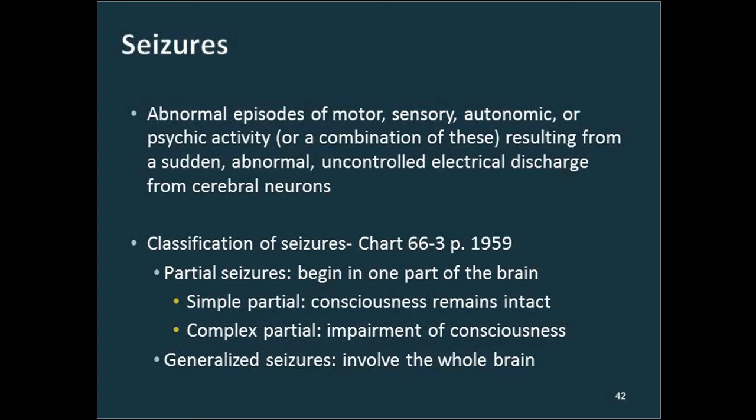Partial seizures are just one part of the brain. We have simple partial, where a simple seizure means they are still conscious, and then a complex seizure means that there was a loss of consciousness. So, just knowing the differences in those, and then generalized seizures involve the whole brain or all brain activity.